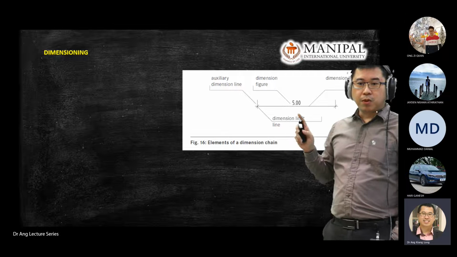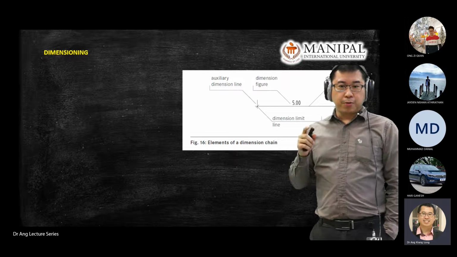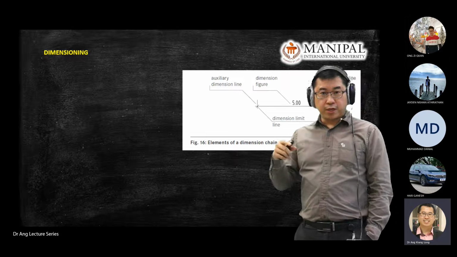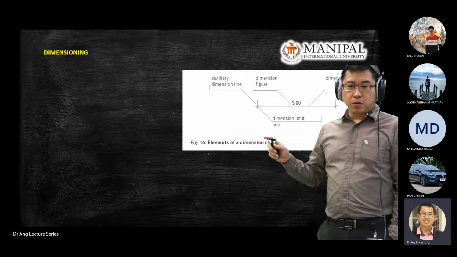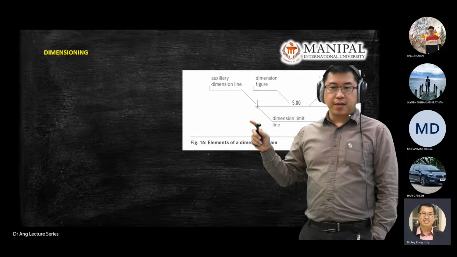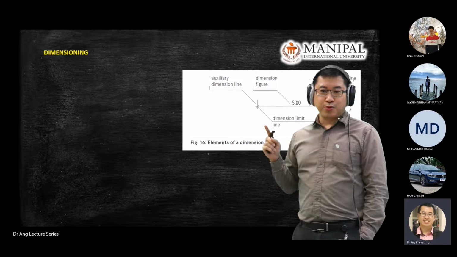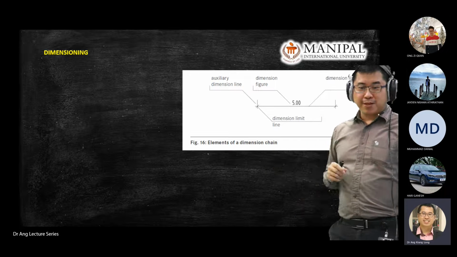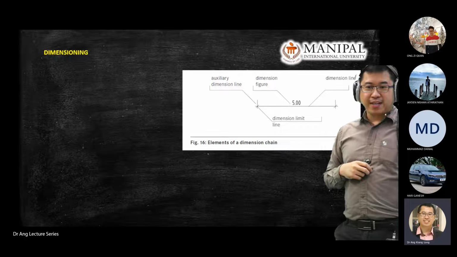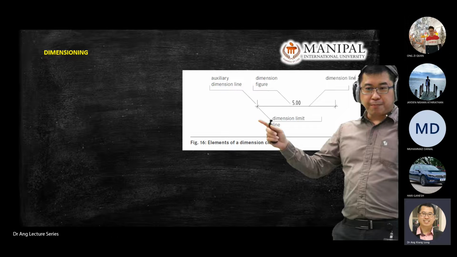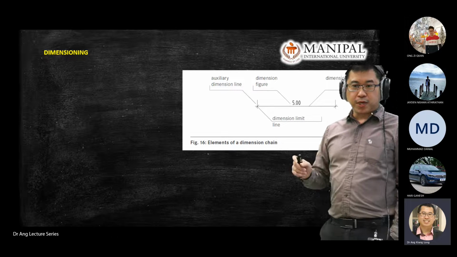Just take note, because later, after you graduate with a degree, there is a very high chance you will be the designer, the engineer who creates the drawing. You are the one who will affect the quality of the end product. So just be careful when you give drawings later on.